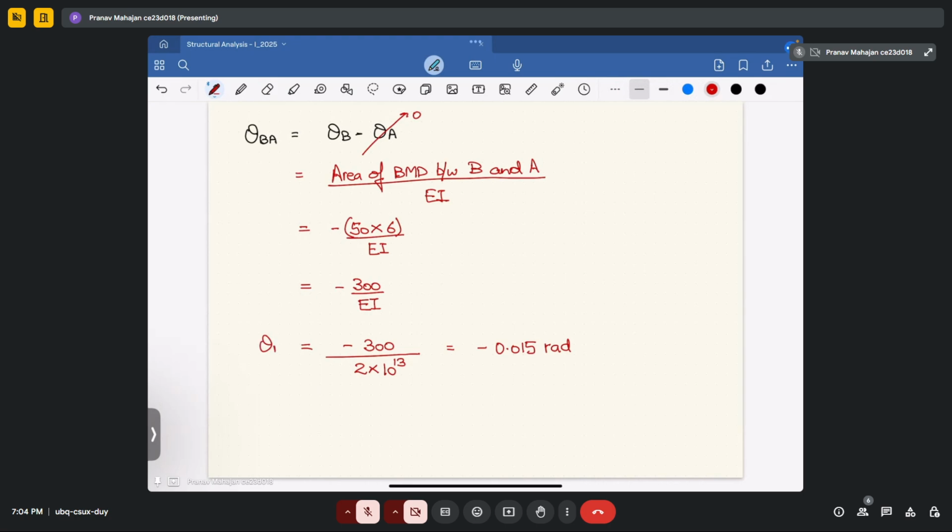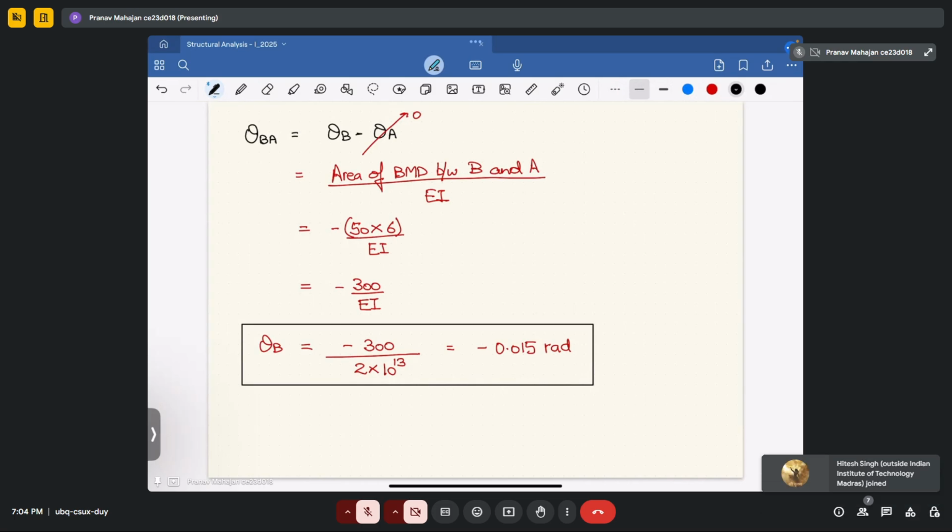Okay, so your slope at B is equal to minus 0.015 radians. Fine. So now we have found the slope as well as deflection at point B and point C respectively.